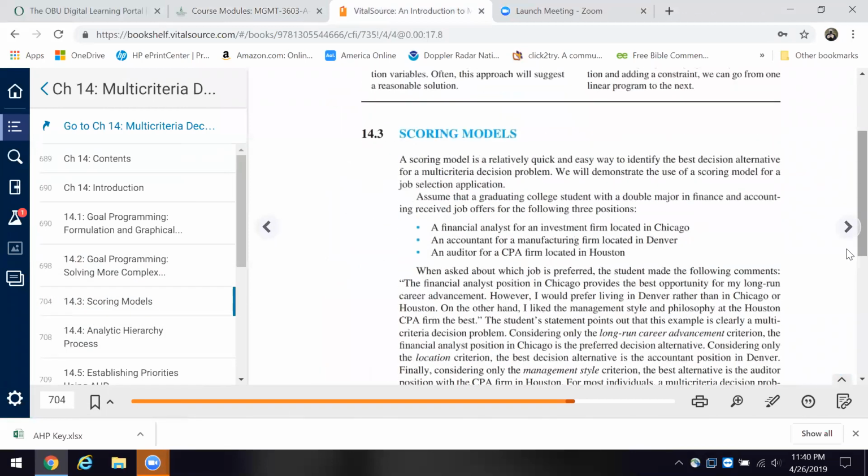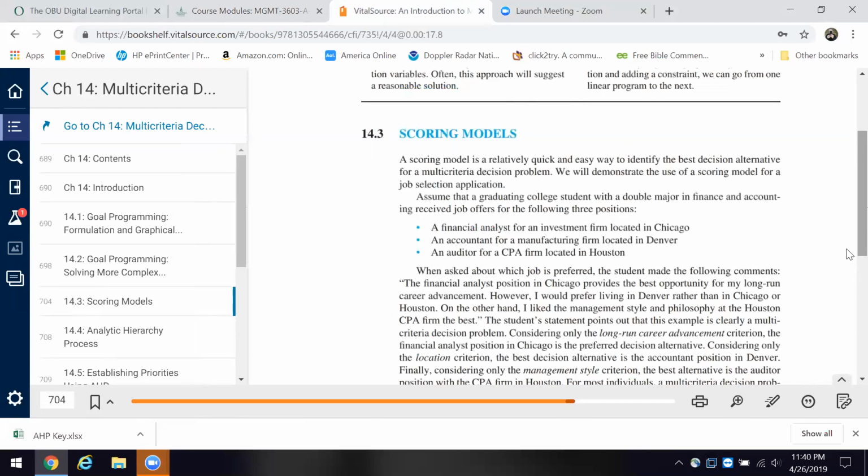And I will leave it to you to go back, if you care to look at those forms of multi-criteria decision-making models that involve goal programming and formulation, and then some of the more complex uses of it. The scoring models are going to be the ones I'm fairly certain that you will be working with or dealing with.